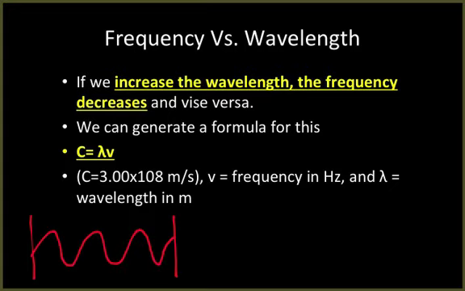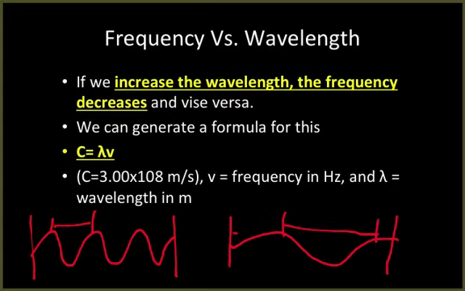But notice if I increase the wavelength, the frequency of the waves decreases. If I start from the same spot, the wavelength is much longer in the second one than in the first. But the frequency, or how often the wave occurs, is much greater in the first than in the second.